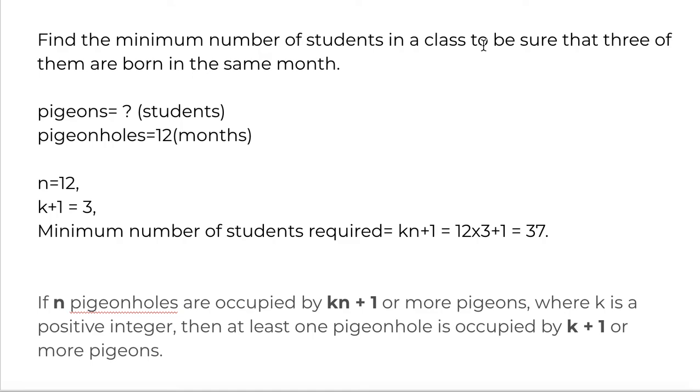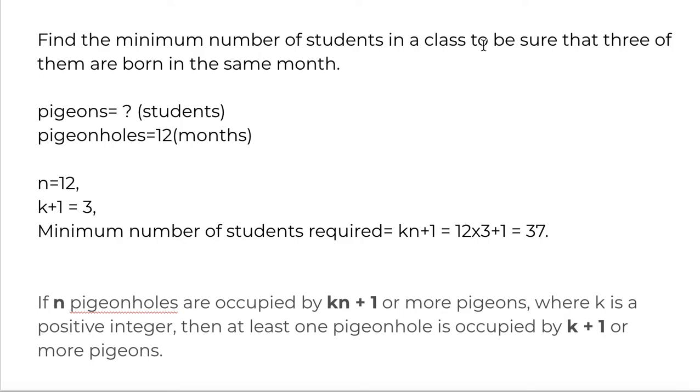Look at the extended version of the pigeonhole principle and find the minimum number of students required. As you can see on the screen, we have to find the minimum number of pigeons required.